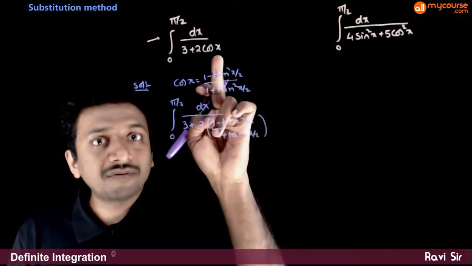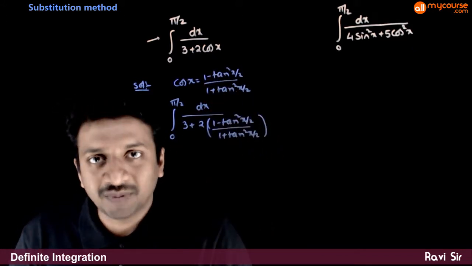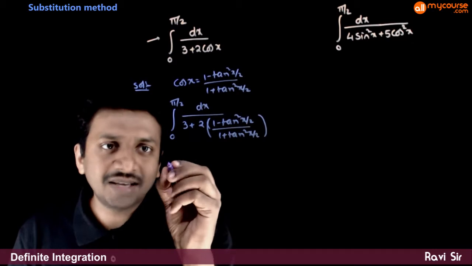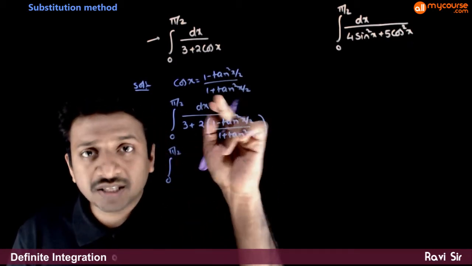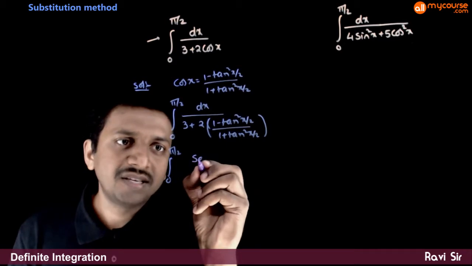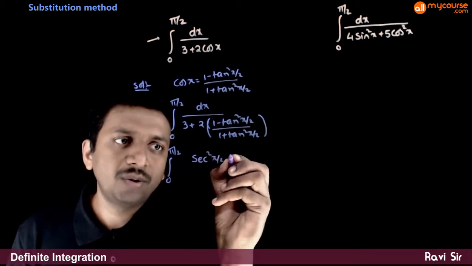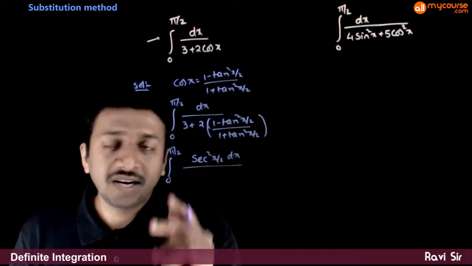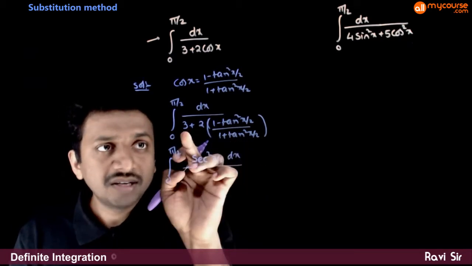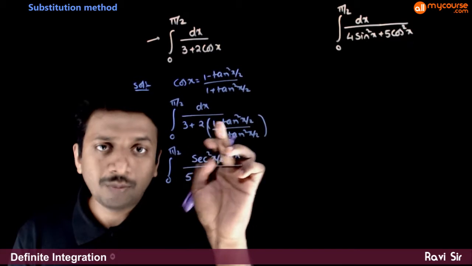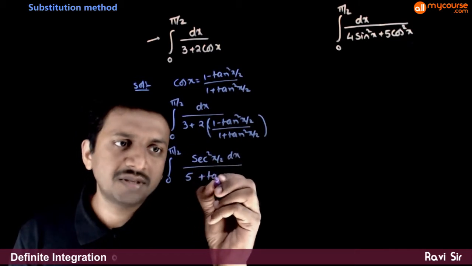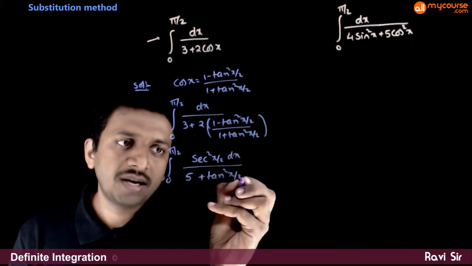This is a formula of cos x in terms of tan x by 2. If I take the LCM, this becomes 0 to pi by 2, this 1 plus tan square x by 2 goes up, so you have secant square x by 2 dx divided by, taking the LCM, 3 plus 2 becomes 5, 3 tan square x by 2 minus 2 tan square x by 2 becomes 1 tan square x by 2.